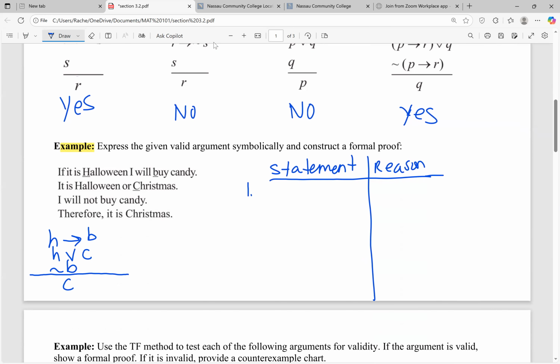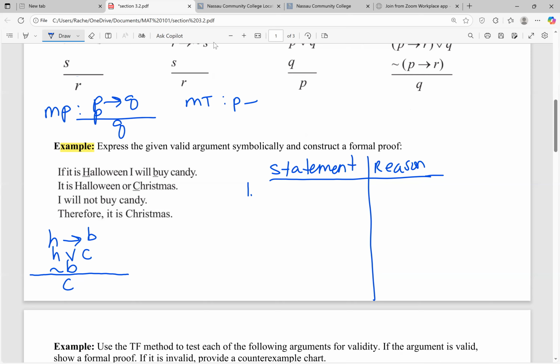And you know what we'll do also? Let's put modus ponens here. So P implies Q, then P, and then we could conclude Q. And then modus tollens, don't forget: P implies Q and not Q, which concludes not P. And then we have the disjunctive syllogism.